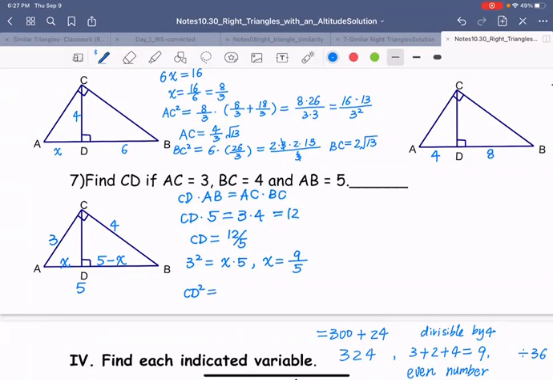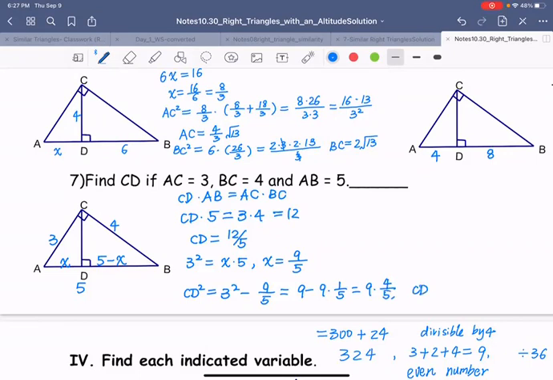And then CD square is going to be 3 square minus x square, right? 9 minus 9/5. 9 minus 9 times 1/5, which is 9 times 4/5.